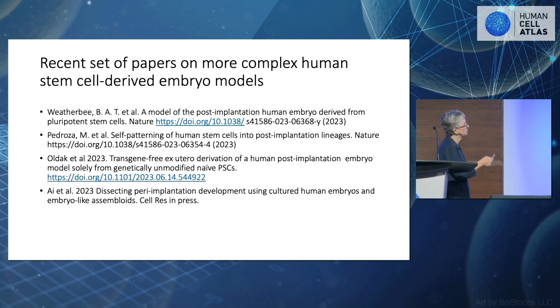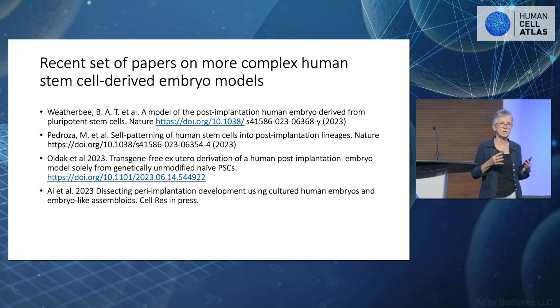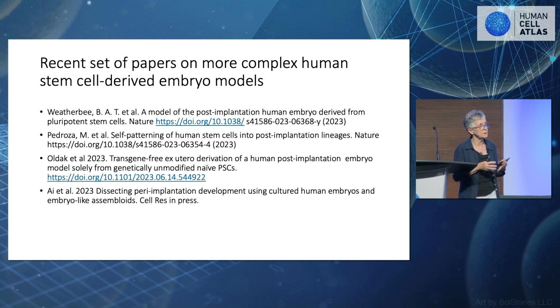And these are papers that you can find online, and they all, in different ways, were able to generate structures that were able to mimic some of the early events of the early post-implantation human embryo.